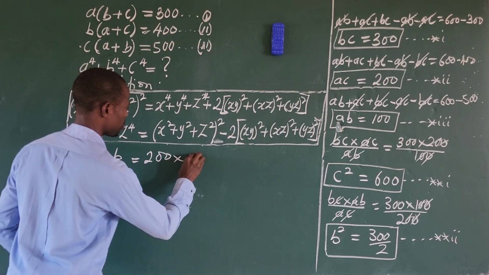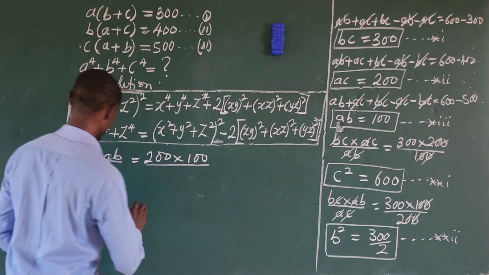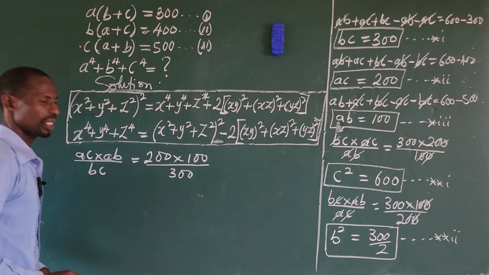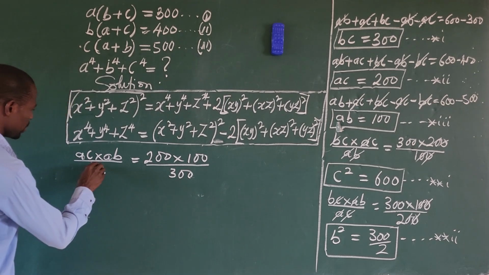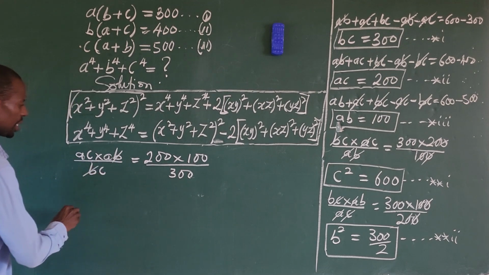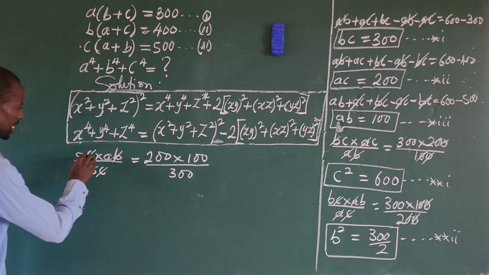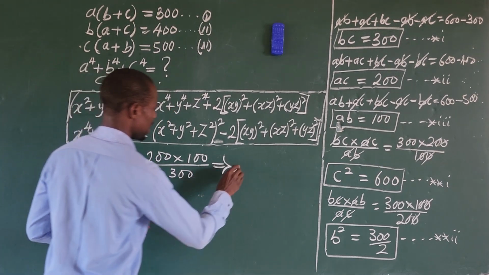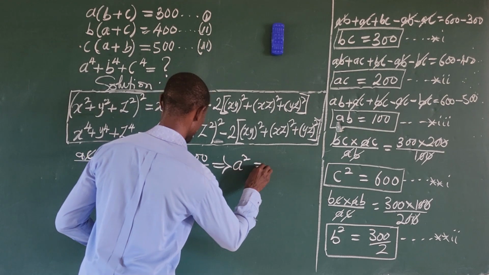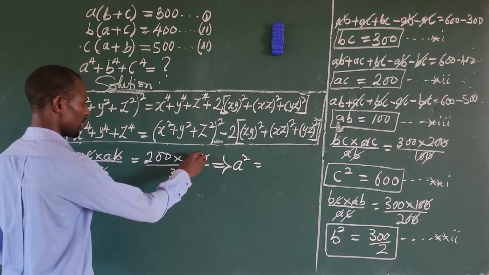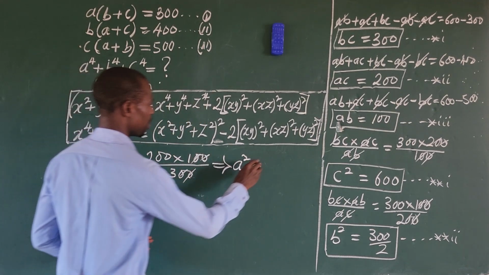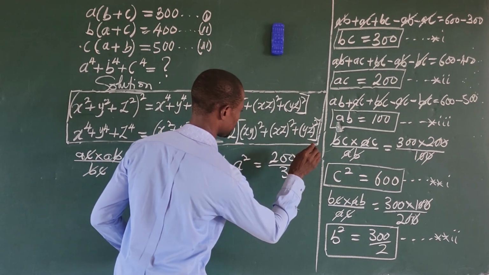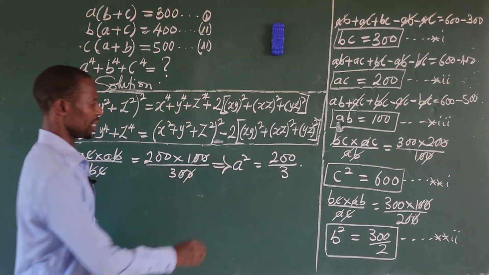AB is 100 all over our BC, 300. Easy. From here, we discover that B, we go with this B here. The C, we go with this C. So we are now left with A squared equal to 200 all over 3. This is the value of our AC.